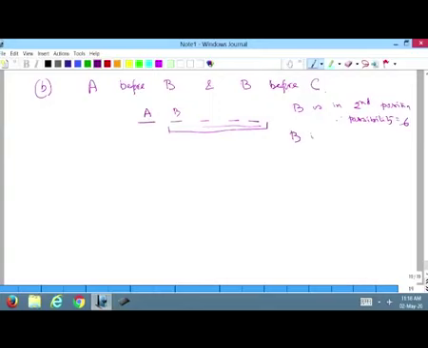If B is in third position, then out of D and E, you put 1 in the second position. That can be done in 2 ways. Then you put B here, and C can be in this. That can be done again in 2 ways. Therefore, there are 4 possibilities.